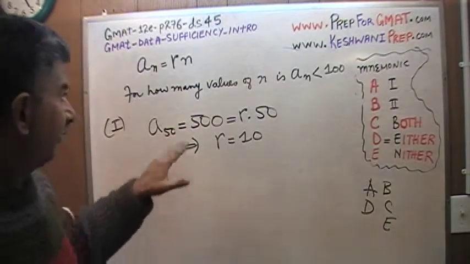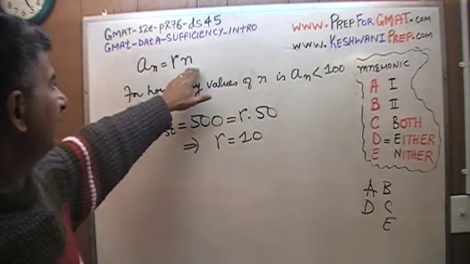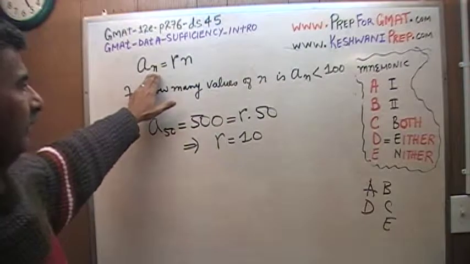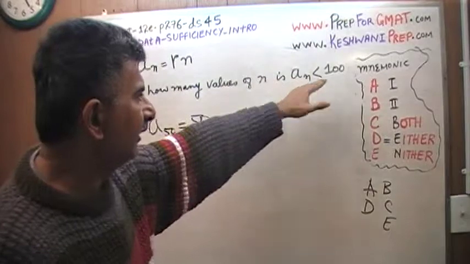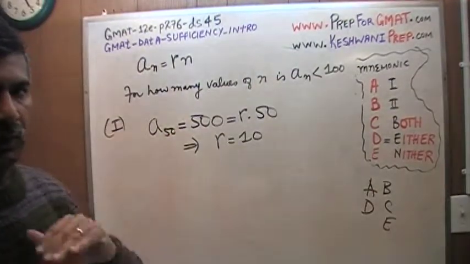Actually, it will be 9, because when R is 10, N cannot be 10, since 10 times 10 would be exactly 100. So the answer to this question, for how many values of N is A sub N less than 100, would be 9, 1 through 9.